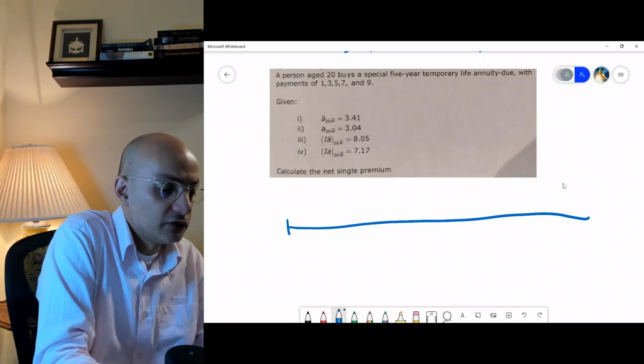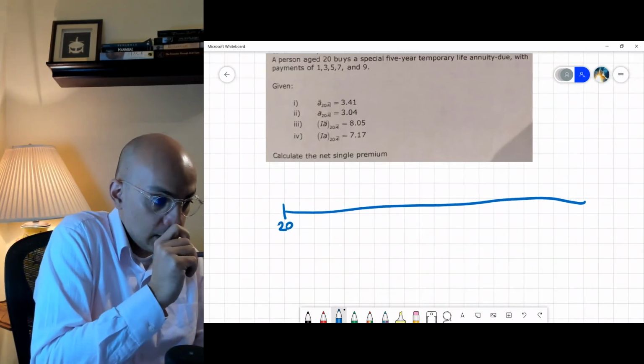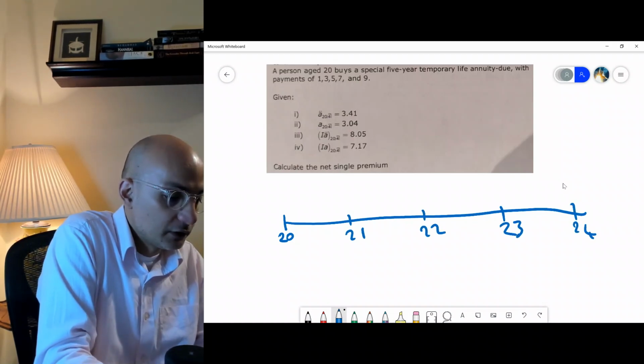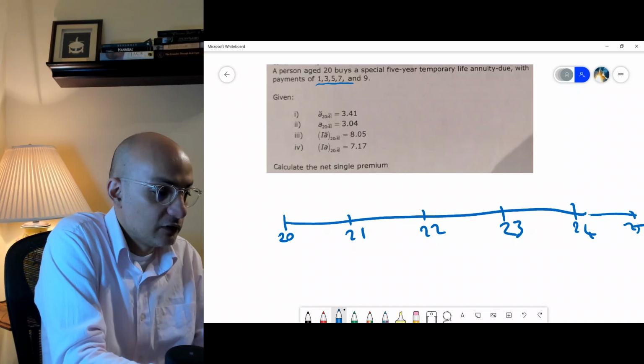It's issued for a person age 20, and this is 21, 22, 23, 24, maybe we'll keep 25 in case we need it. This benefit pays 1, 3, 5, 7, 9, and it says it's due.